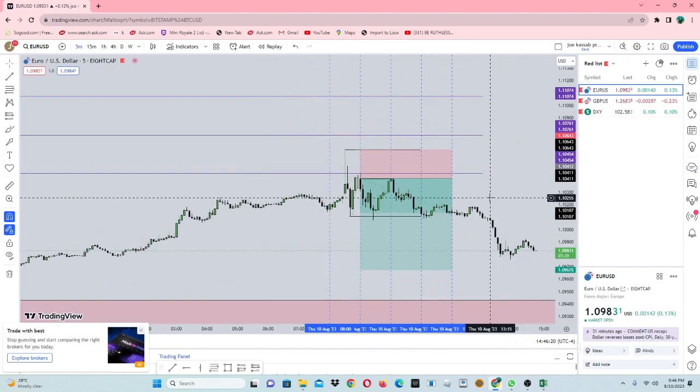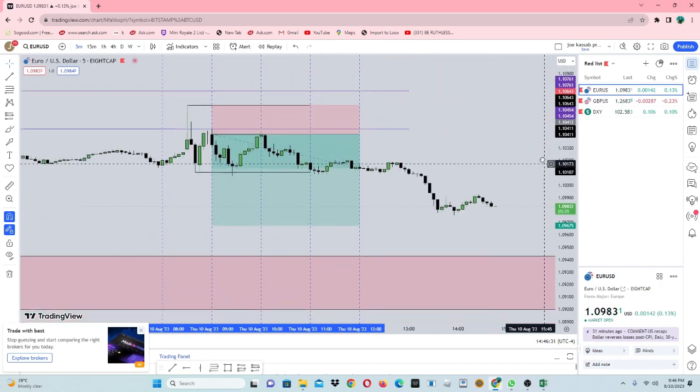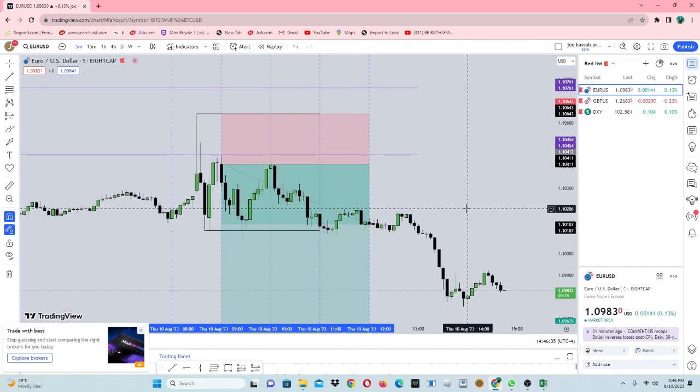But I have other things that I learned from students that learned from ICT, for example the opening of the candle. The opening of the candle is used as an even price. If we are above it and we are bearish, we are in a premium, and if we are below it, we are in a discount.